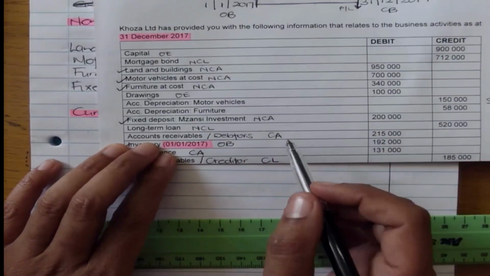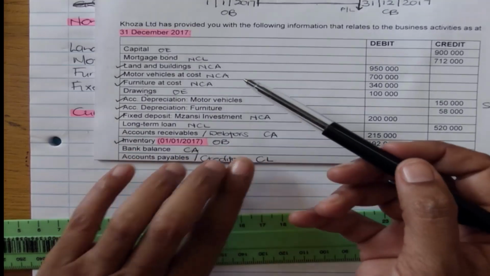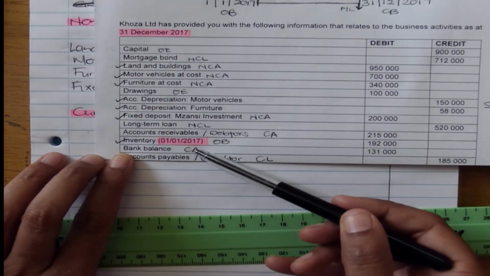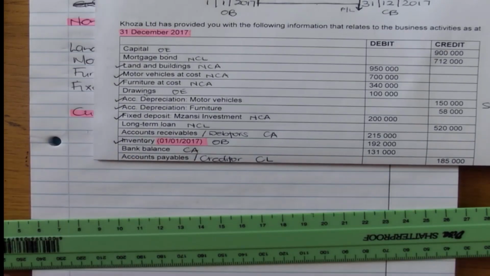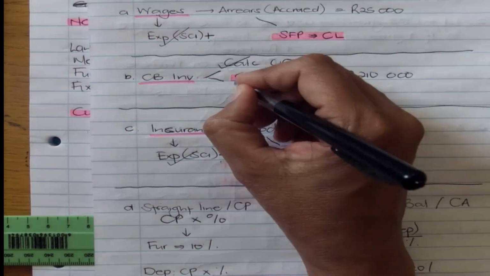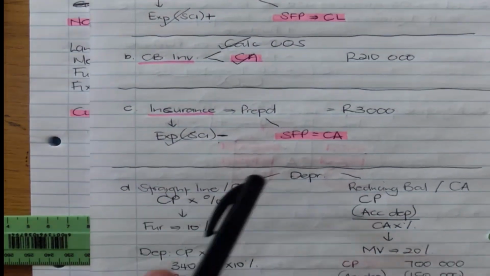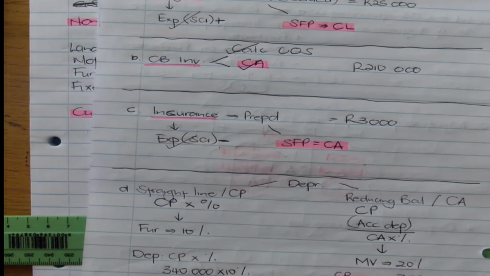Now, remember, accumulated depreciation you've also used, so you can scratch that out. Current assets. We've got bank as current assets. We've got, remember, inventory closing balance, right? So we've got inventory closing balance as current assets we're going to use. And we've got insurance prepaid that we must also have under current assets.